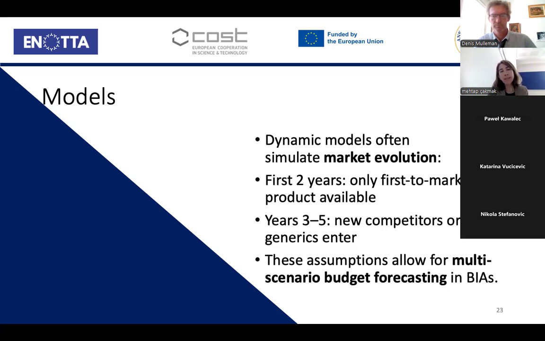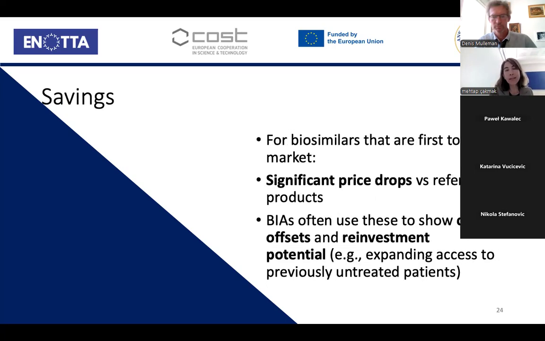And these models should be combined with scenario analysis and sensitivity analysis also. And we get some savings with this budget impact analysis and what to do with the savings. This is important for new therapies.